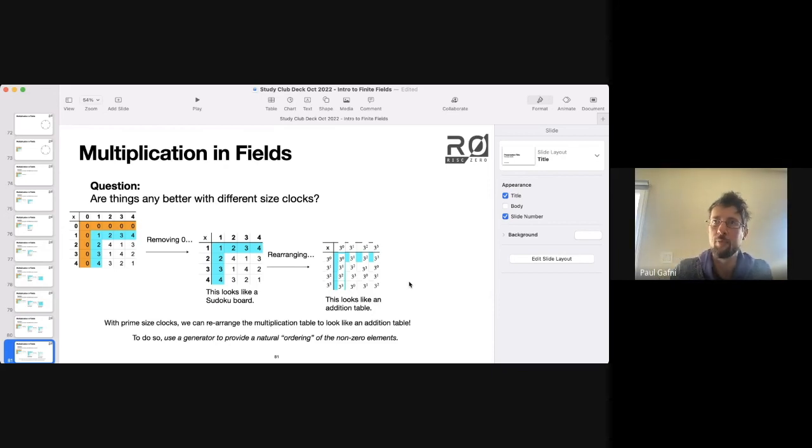So to summarize, and you ask a really good question here, because the addition is a little bit hard to see initially. But the key magic of finite field arithmetic is that if you think of everything in terms of a generator, then multiplication just becomes effectively adding the exponents of that generator.